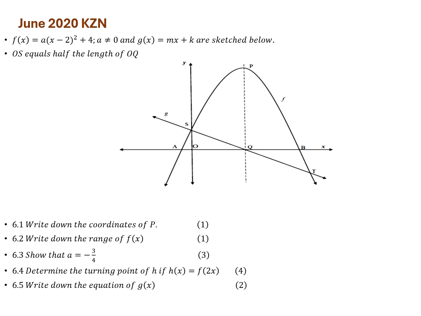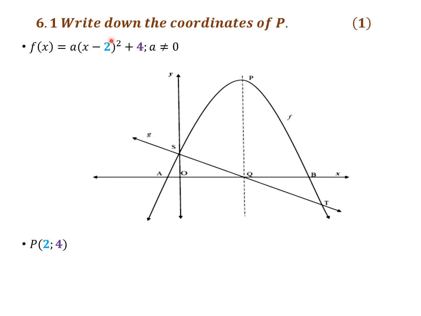Right, next problem. Write down the coordinates of P. So when this equation is given to you, remember this we used to get in grade 11 from completing the square. They asked you to complete the square, you wrote it in this format. So for my turning point, my x value sign always changes. Remember x minus 2 equals 0.